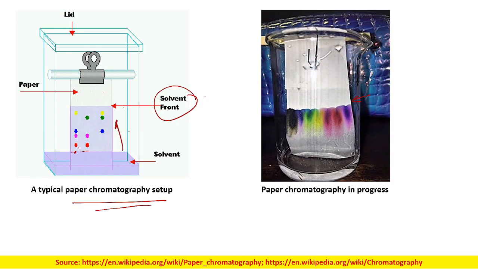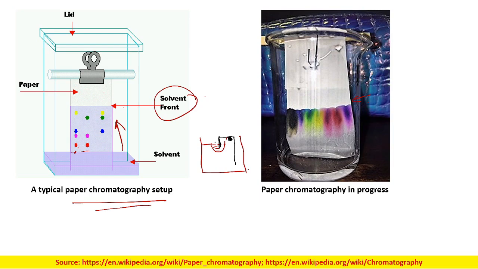Now, types of paper chromatography: descending, the type which we have discussed. This is ascending. Now how will you have the descending one? Let's place the solvent over here. Then there is a support bar, and then you will be having your paper something like this.